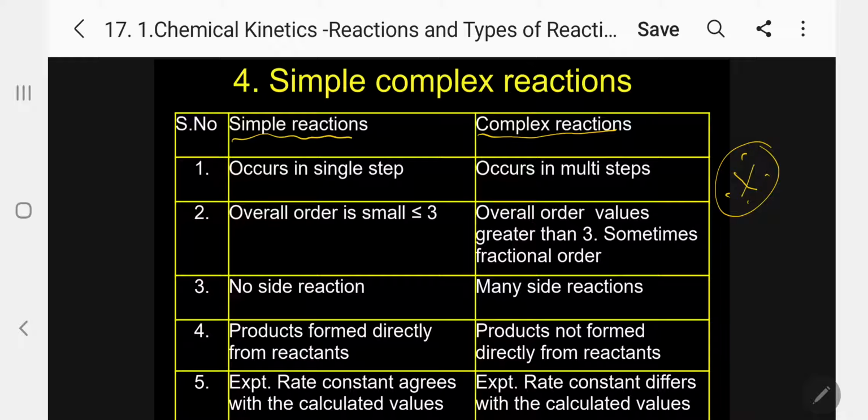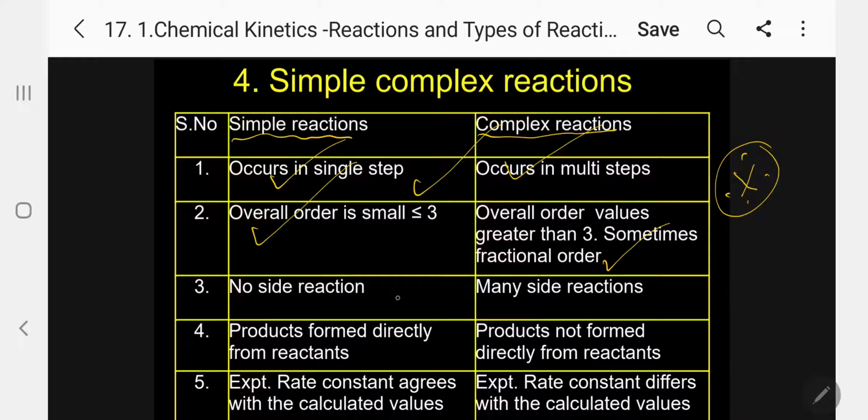Number 1: simple reactions occur in a single step. Complex reactions occur in multiple steps. Number 2: in simple reactions the overall order is small, that is equal to or less than 3. Whereas in complex reactions the overall order is greater than 3, sometimes fractional order, like 3.5, 4.5.